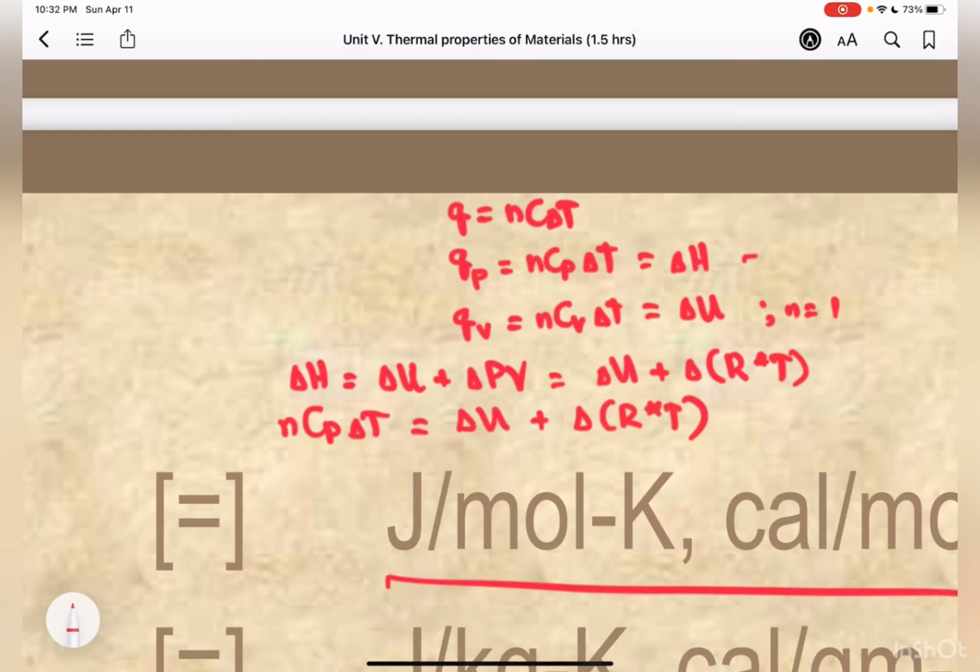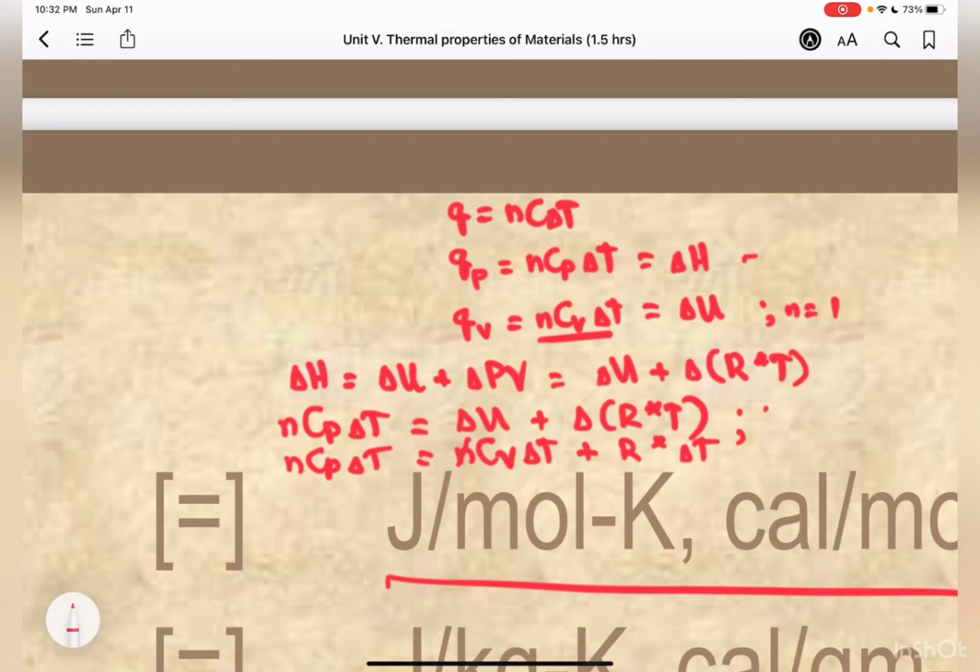Or delta U is actually n Cv delta T plus R is constant, so that is R times delta T. Finally, for 1 mole of substance, the n cancels, so n Cp delta T, all the n.